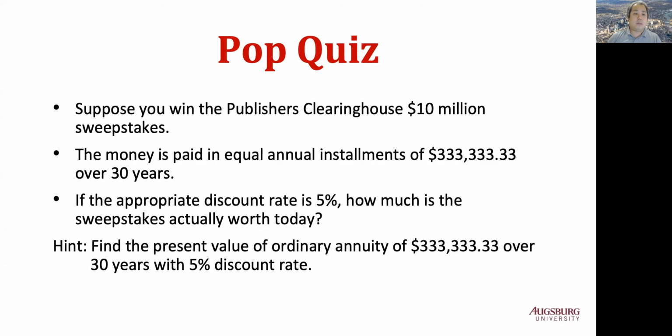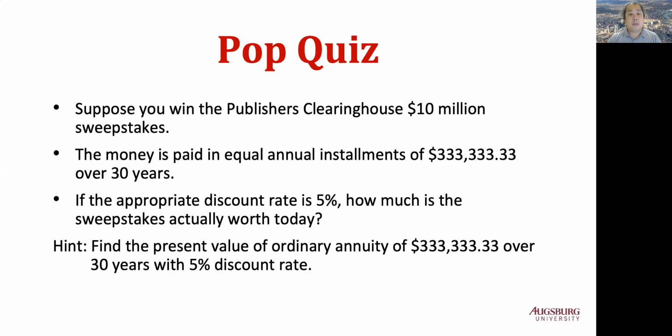Now next pop quiz. Suppose you win the Publishers Clearinghouse 10 million sweepstakes. Oh, it's nice. The money is paid in equal annual installments of $333,333.33 over 30 years.